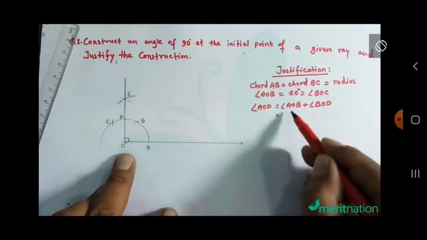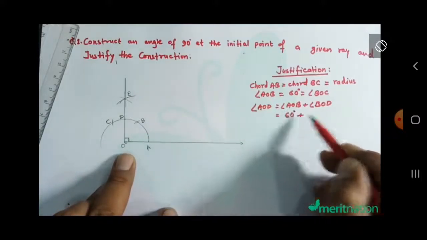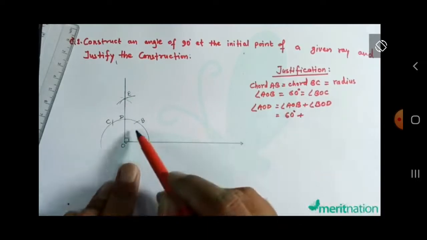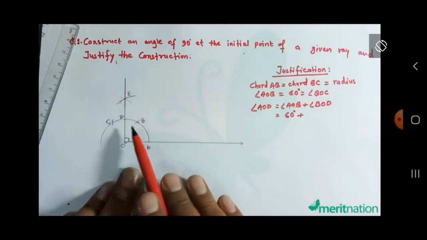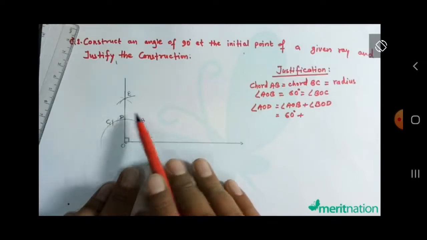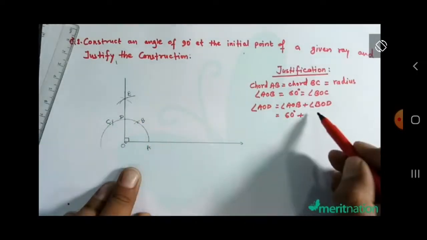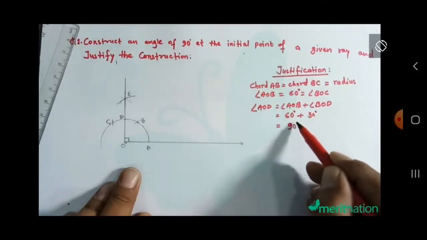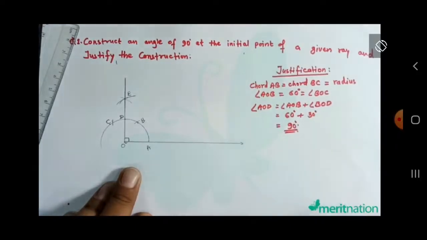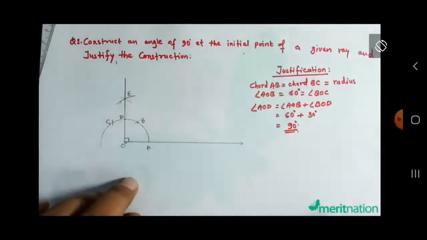So angle AOB is 60 degree. And what about angle BOD? Notice that the angle between B and C was 60 degree, but we have bisected it. So angle between B and D should be half of that. That means 30 degree. So angle BOD is 30 degree here. And the sum becomes 90 degree. This was the justification. I hope this makes sense.